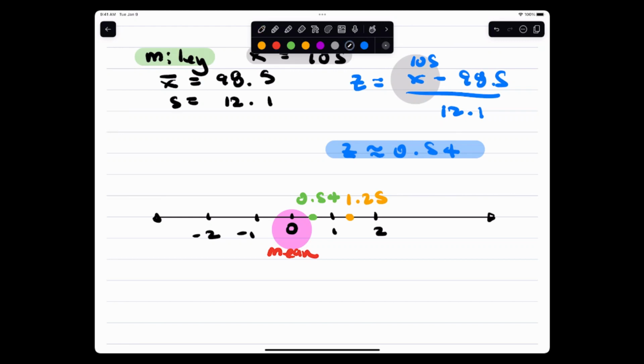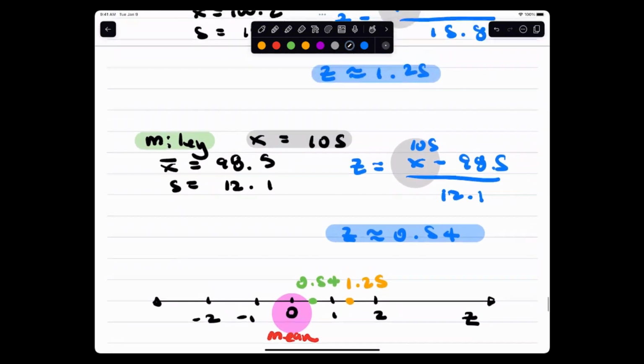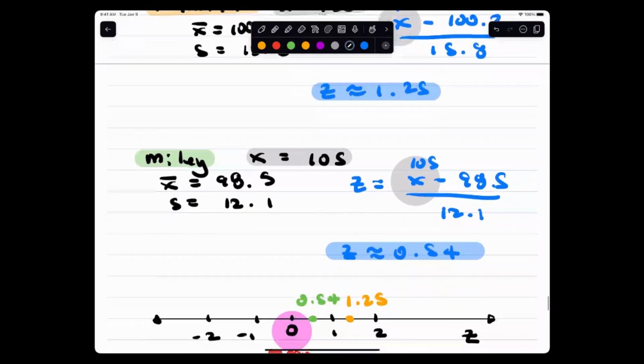Aren't these z-scores? So who scored relatively better? 0 is where the mean is. You'd probably want a score that is further away from the mean, in the positive direction. That's right. So who is that? Hannah, she's orange.